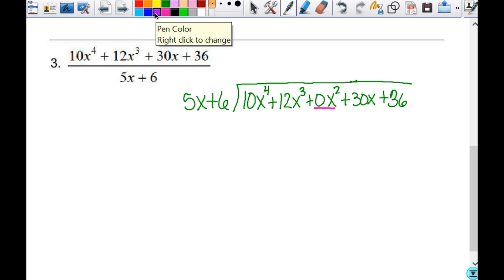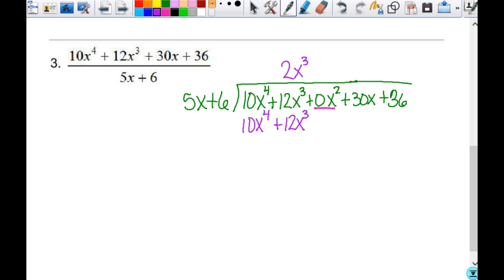All right, so now 5x goes into 10x to the 4th, 2x cubed times. So this is going to give me 10x to the 4th plus 12x. Yes? Okay.